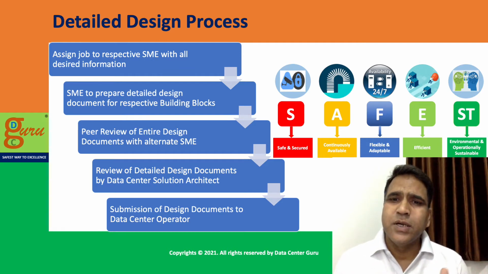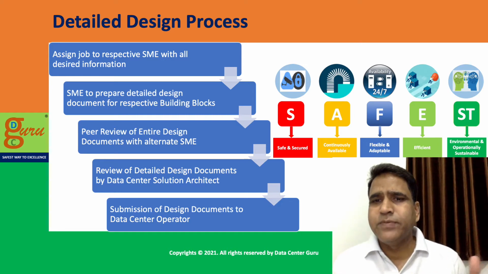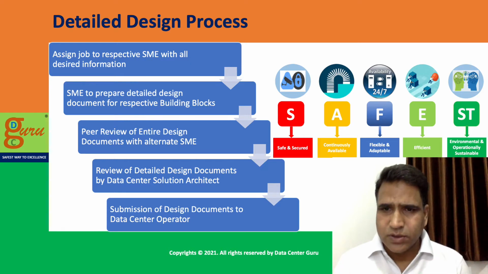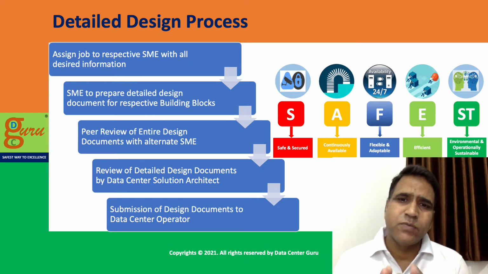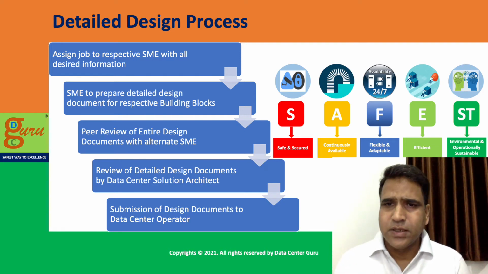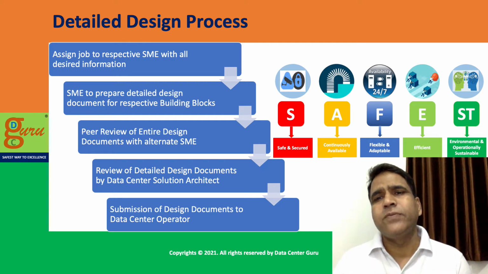Whatever information we have got through the previous 3 stages of the design process, we need to segregate that information, or the desired information, for the different building blocks of the data center, and we need to share those details with the respective SMEs, because each and every piece of information may not be relevant for different SMEs.